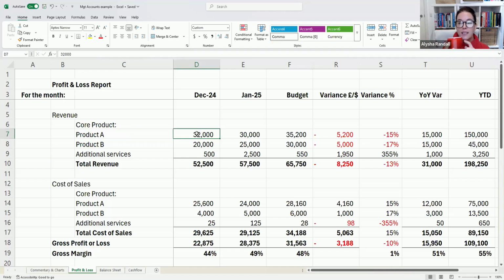The cost it costs to either create this, so whether it is manufacturing cost, or you have purchased it from a wholesaler and you had to pay for this inventory, you had to pay for pick and pack, for the actual warehouse to put it into a package and send it to them, and then the postage. That would be your cost of sales. It's the actual cost of getting the cup and getting it to the customer.